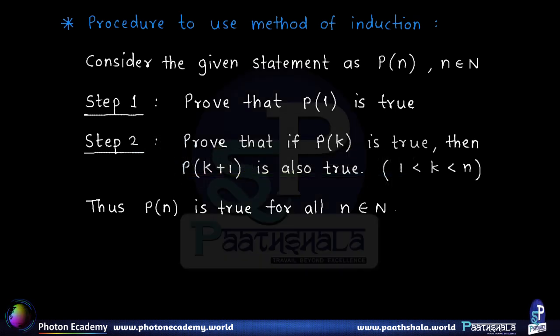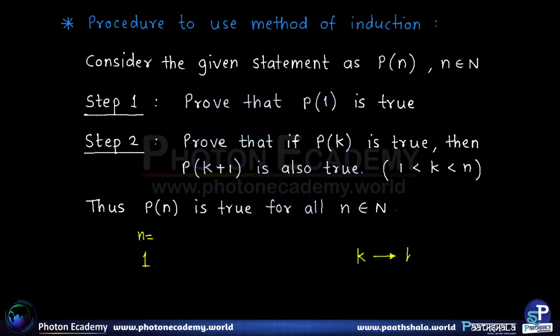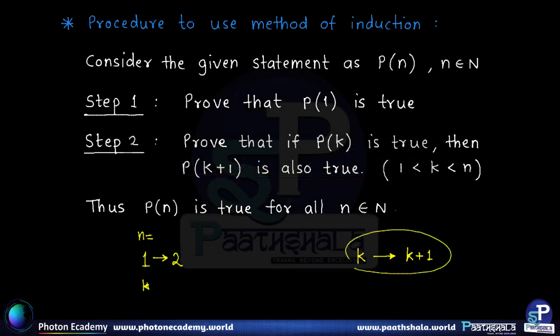So essentially, for n equal to 1, we prove that the statement is true, correct? Then by showing that the statement is true for k, we prove that it has to be true for k plus 1 also in the second step. So if k were equal to 1, then it must be true for n equal to 2 also, because that's what we have proven just now.